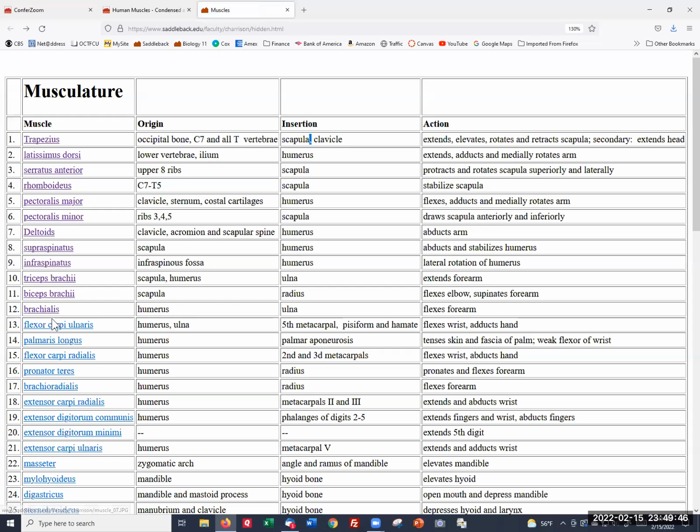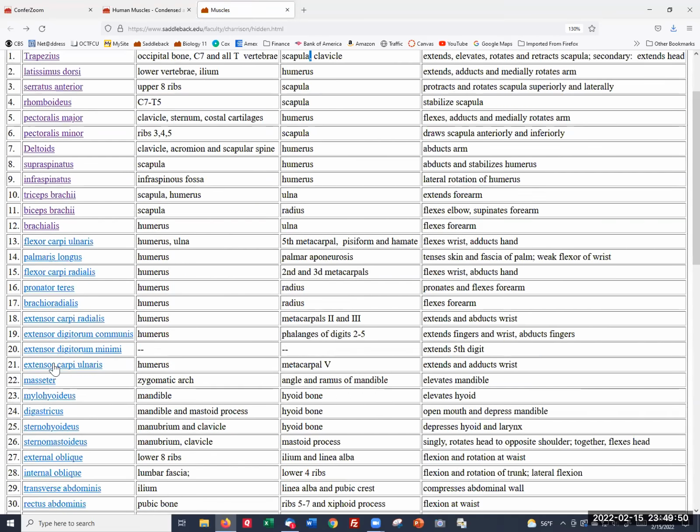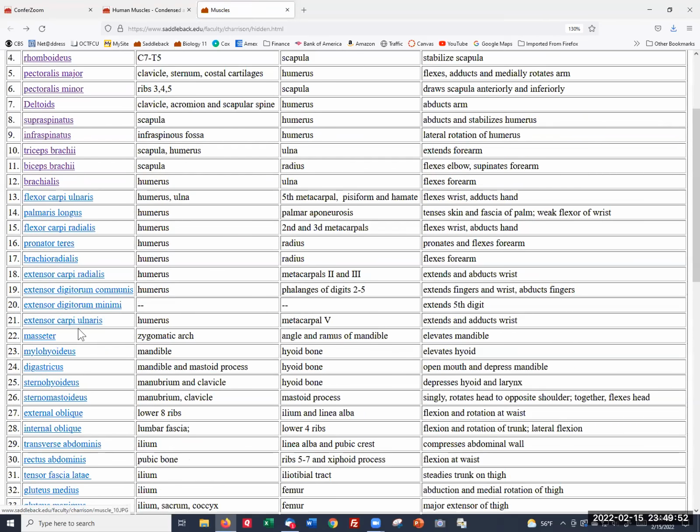I do not want to do the bones of the forearm yet, because they would make you anxious at your state right now. You're just starting out as far as I'm concerned, and I don't want to do those just yet. I will do masseter, mylohyoid, digastricus, sternohyoideus, sternomastoideus, one other group.